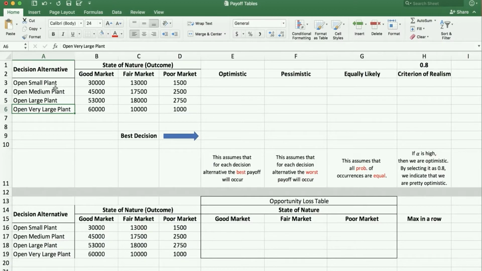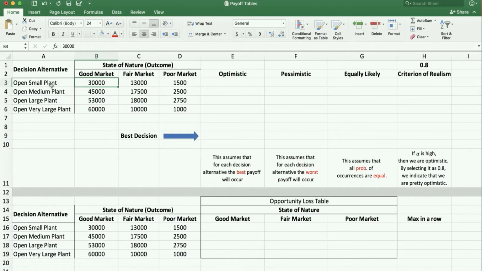All right, so we are going to select one of these, but once we make a decision, we are going to face an outcome, and the possible outcomes are the market could be good, market could be fair, and market could be poor. All right, so these are the possibilities that we can face in the future, and for each of these states of nature and for each decision alternative, we have these values that we call the payoff values.